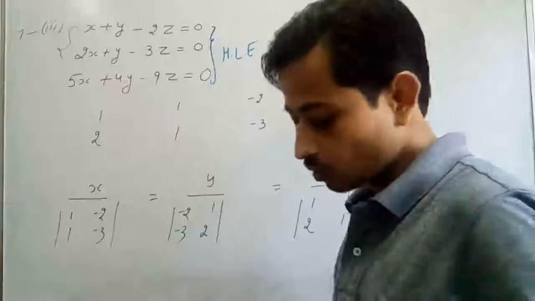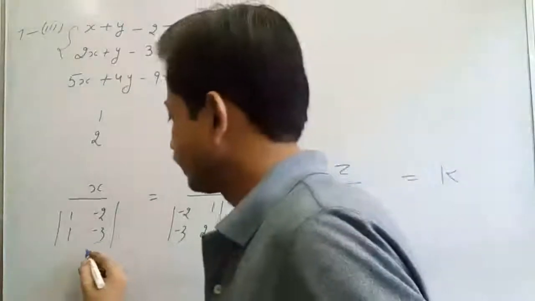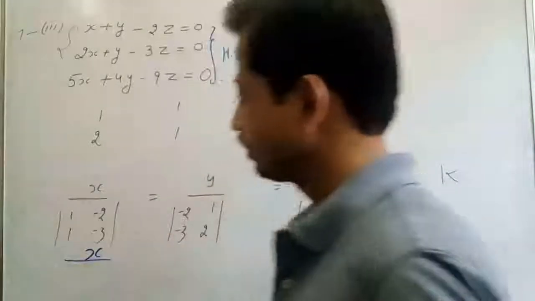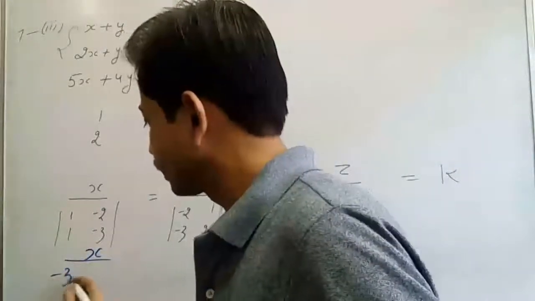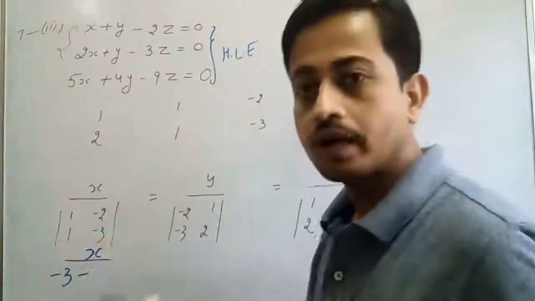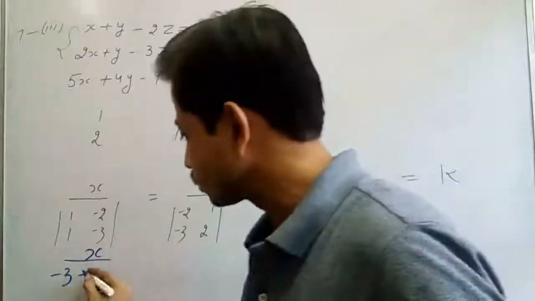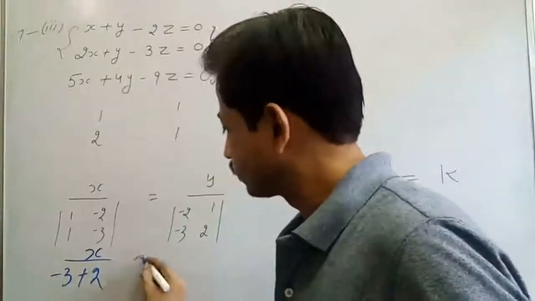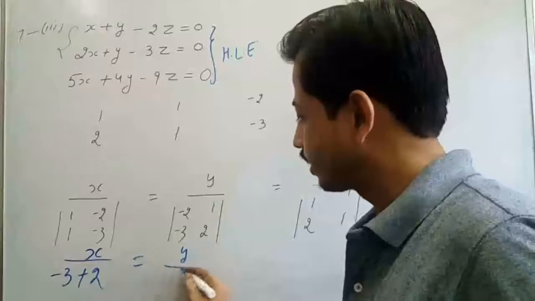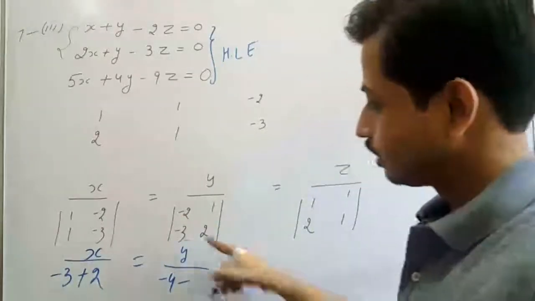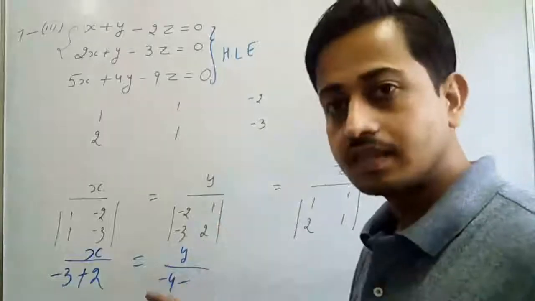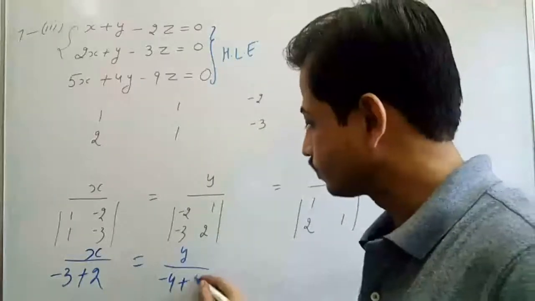Now it's very easy to solve. X divided by minus 3 into 1, we get minus 3, minus 1 into minus 2, minus 2, so it becomes plus 2. Y divided by minus 2 into 2, minus 4, minus 3 into 1, minus 3, so it becomes again positive.